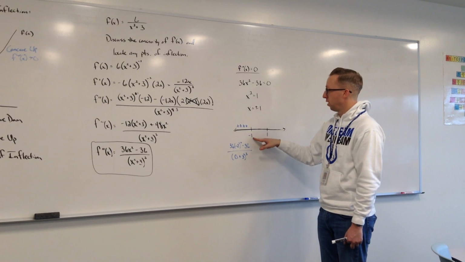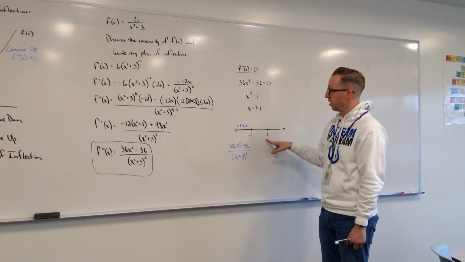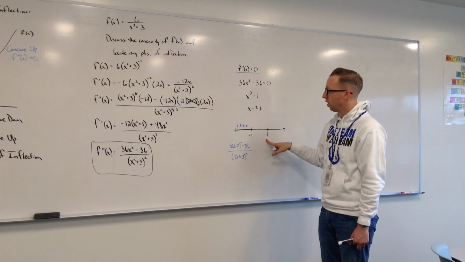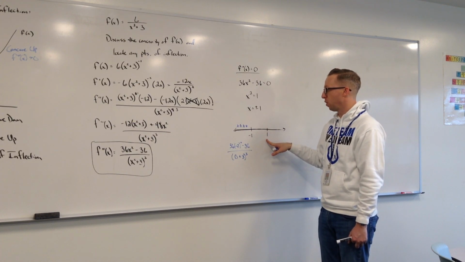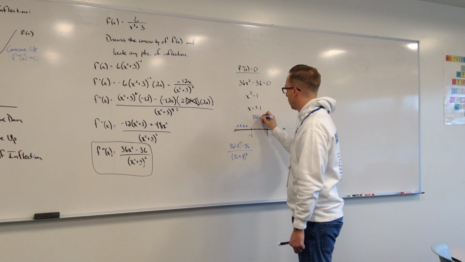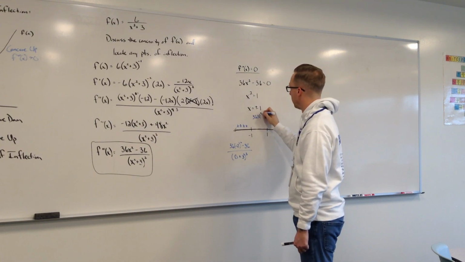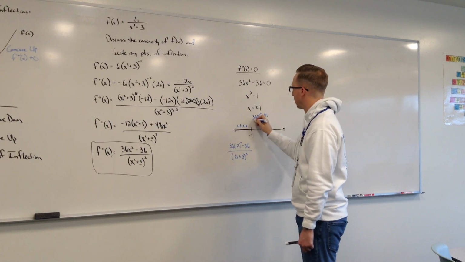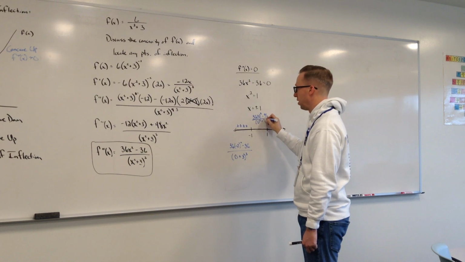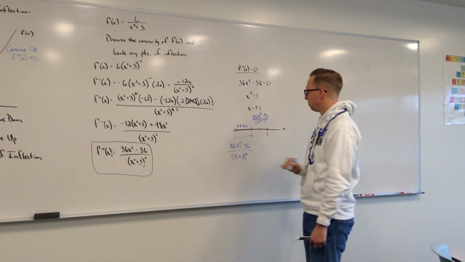Let's now plug in a number between negative 1 and 1 to see if this interval is concave up or concave down. Let's try plugging in 0. So 36 times 0 squared minus 36 divided by 0 squared plus 3 cubed.